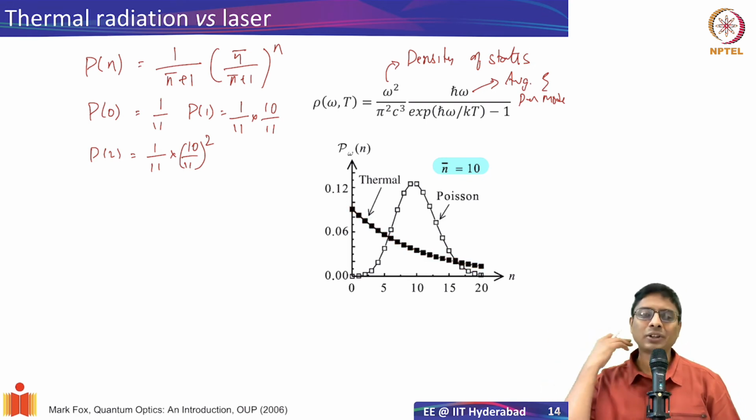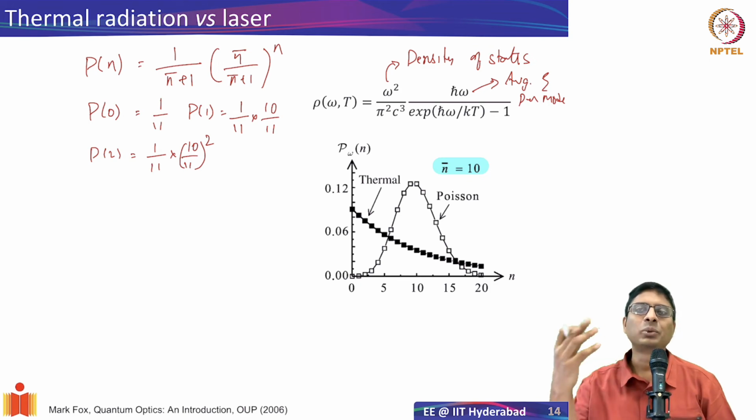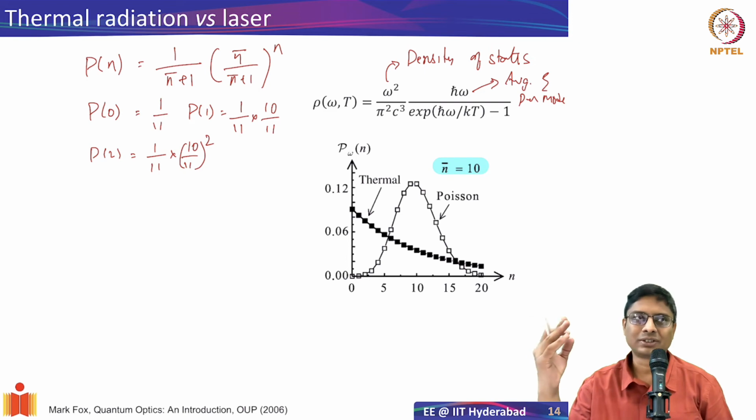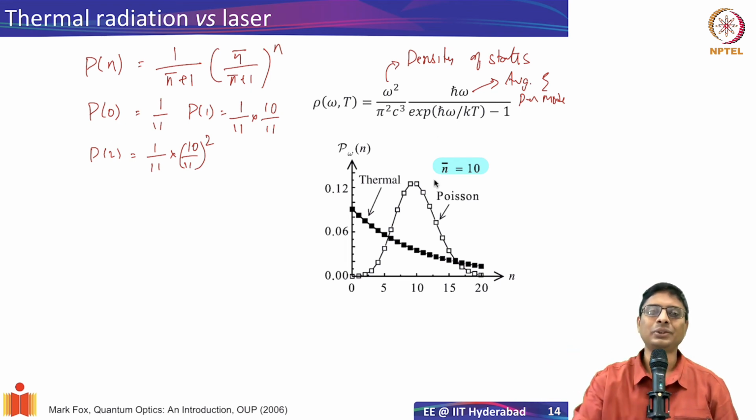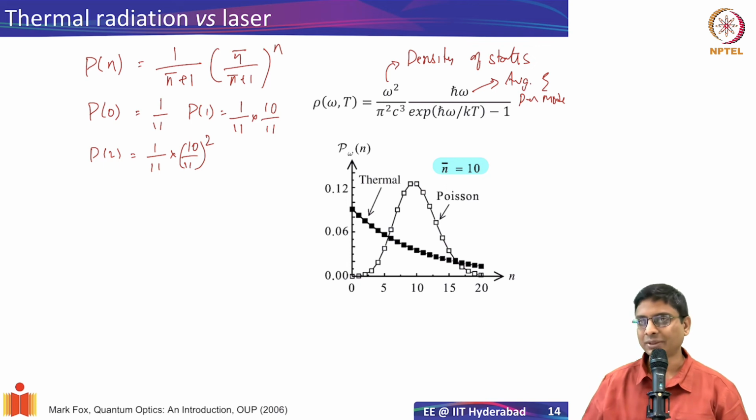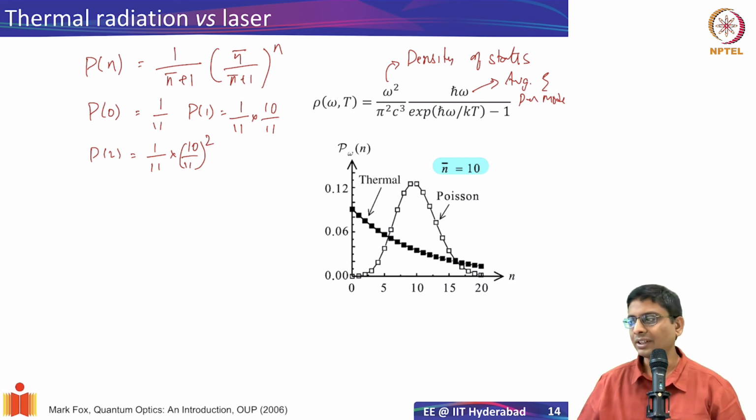And that also makes sense because in Bose-Einstein statistics you have a distribution of photons. Bosons tend to occupy the lowest energy levels. The probability of finding bosons at the higher energy levels is small. So that's why you see that 0 photons will have the maximum probability and it reduces quickly.